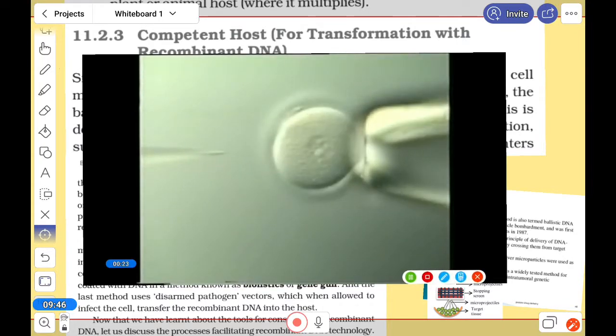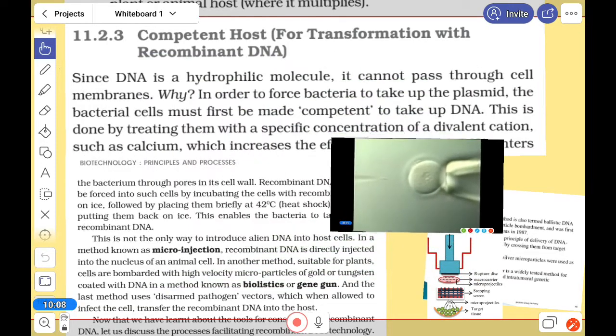Here is a cell, and this can be viewed on a monitor, so we can understand that it goes inside. Details are not needed, just know these.